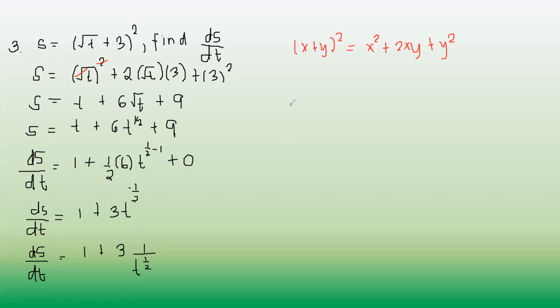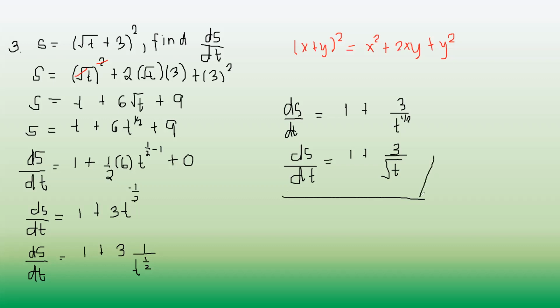Then our ds over dt is now equal to 1 plus, this is 3 times 1, so we have 3 in our numerator over t raised to 1 half, or ds over dt is equal to 1 plus, pwede mo siya i-rewrite as 3 over square root of t. Okay. Ngayon yung ating final answer.